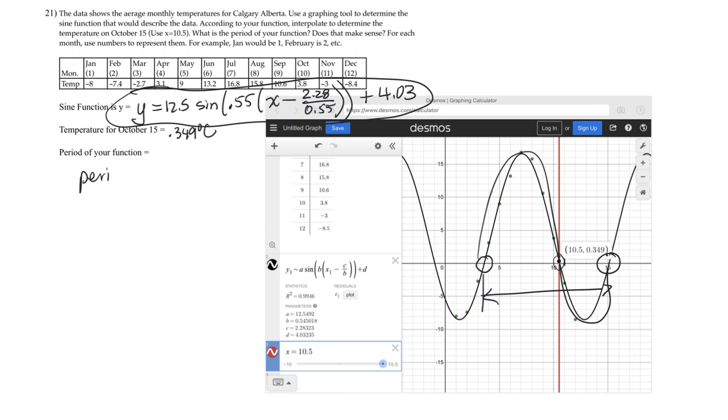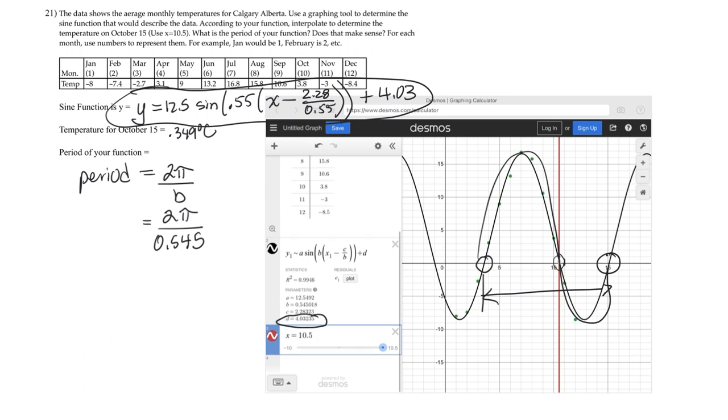The period, and you have to memorize this formula. The period is 2 pi over b. So the period is 2 pi, and my b value is 0.545. So then on decimals, I can do that calculation.